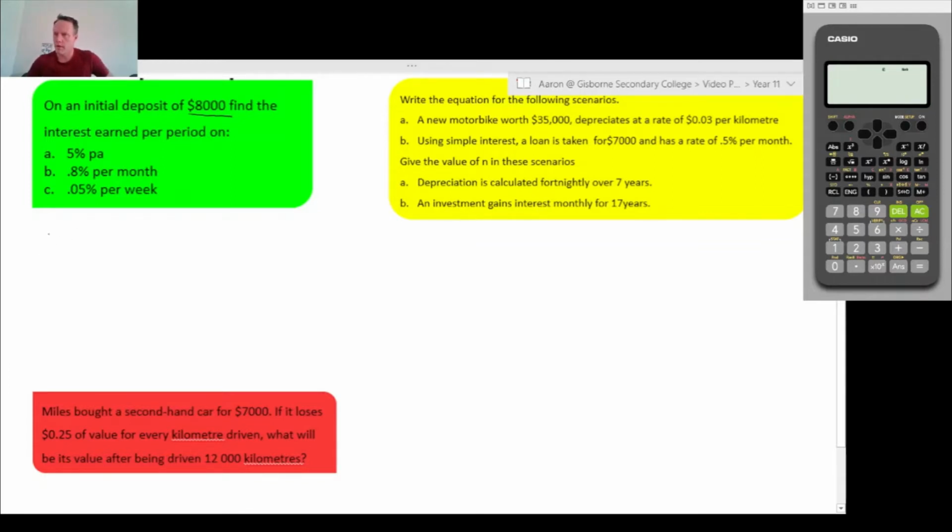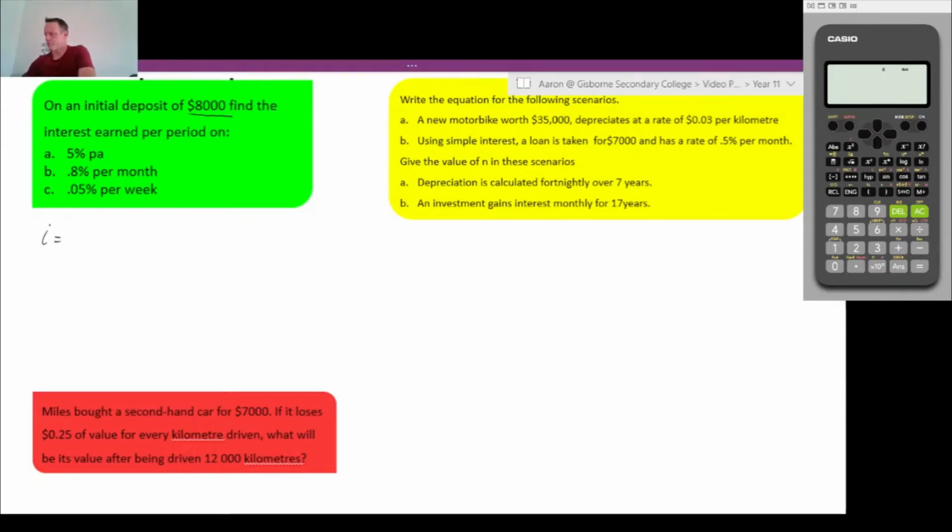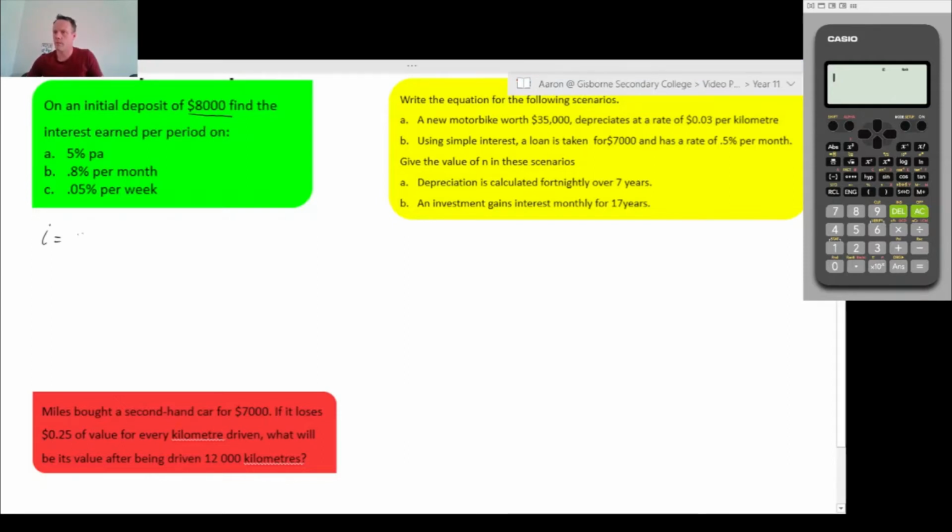So we'll remember that we're at the moment doing this in terms of I equals PR over 100, where P is the initial amount we're investing, so $8,000, times R, the rate, which is 5. Because we're dividing it by 100, we're not going to change that 5 to its decimal version like you might in some things when we're using percentages. Okay, so we've done that.